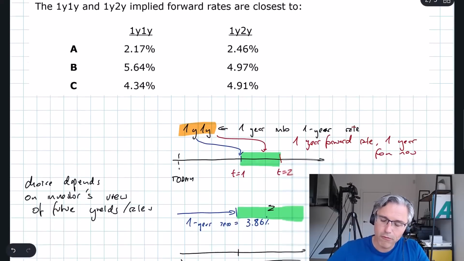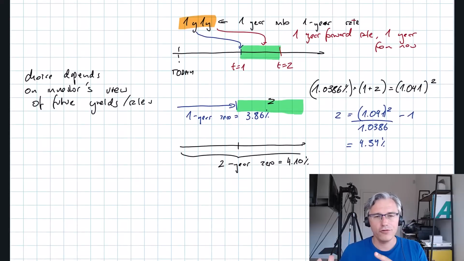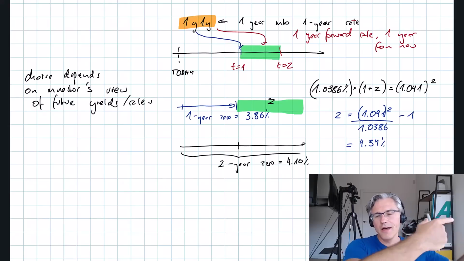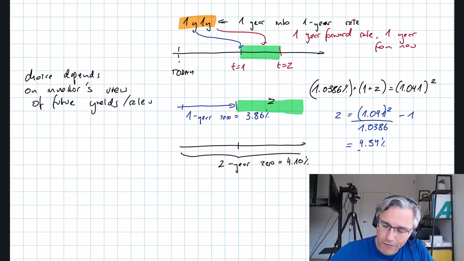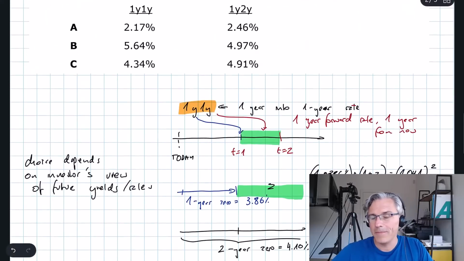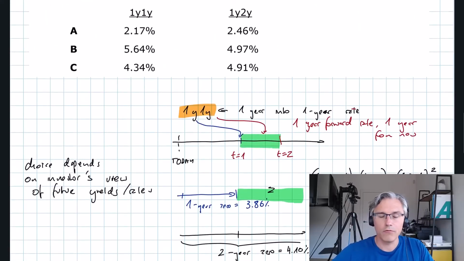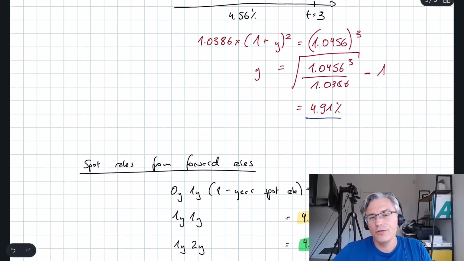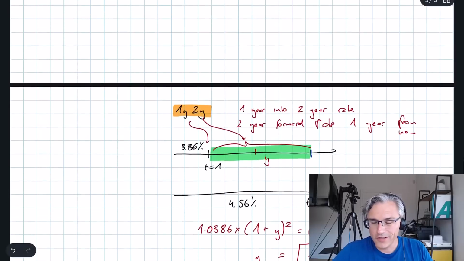I told you that forward rate kind of has to make up for a shortfall. If you start with an initial relatively low rate in the first year, then to catch up with what would be a higher 2-year rate, a spot rate, you need to make that incremental second year forward rate appropriately higher. So we had 4.34 for the 1 year forward rate in 1 year's time. And then we also computed 4.91 as the 2-year forward rate in 1 year's time.